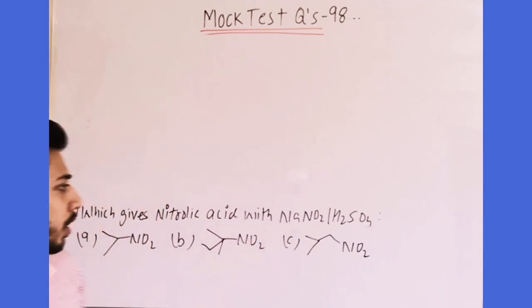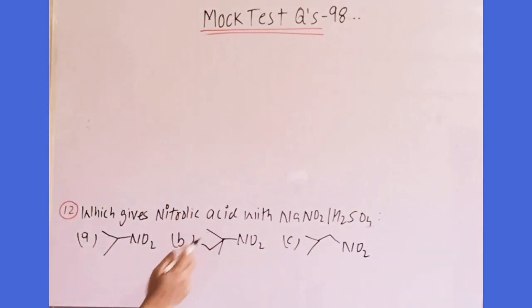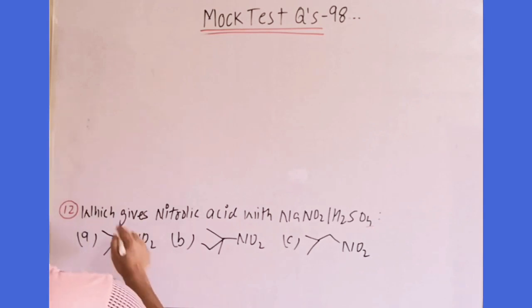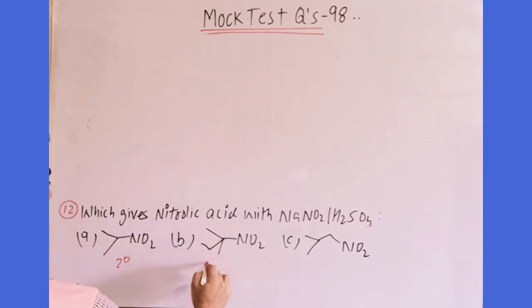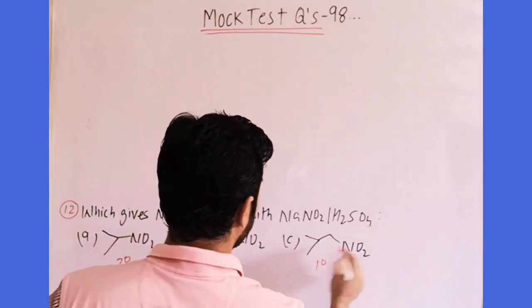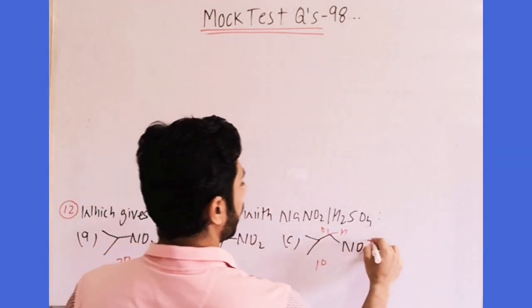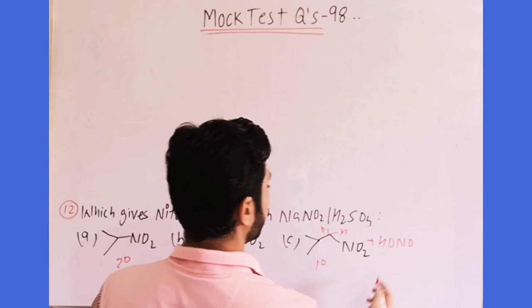giving red color. So in short, using the information of the Victor-Meyer test, you can see which degree it is, which degree nitroalkane it is: secondary, this is tertiary, it is primary. After this reaction, HR is present plus HONO generated.